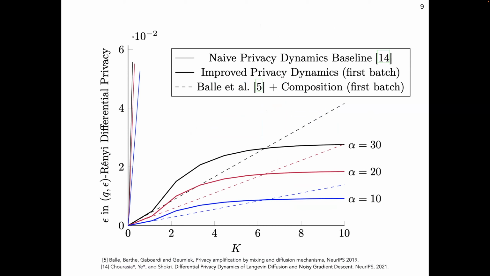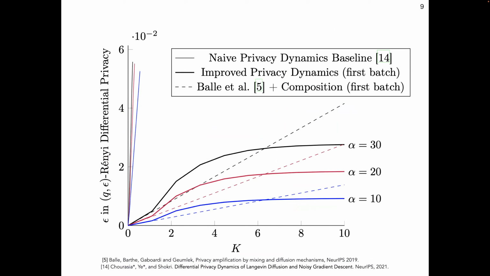And by using this recursion, we can prove a converging privacy bound for strongly convex and smooth loss functions. So in this plot, the solid line is our hidden state privacy bound. And if we compare it with the previous composition-based analysis, we can see that it converges while the composition-based bound grows linearly with K. And we also compare this bound with previous work that quantifies a similar dynamic bound for noisy gradient descent.